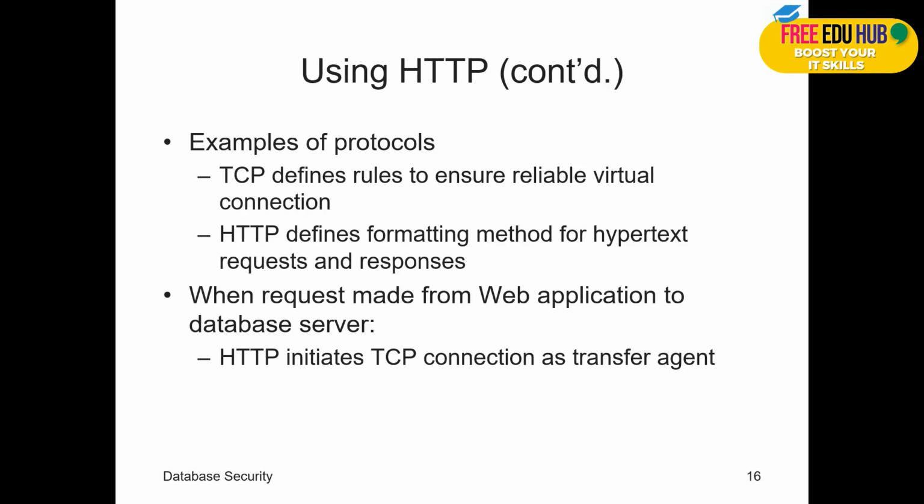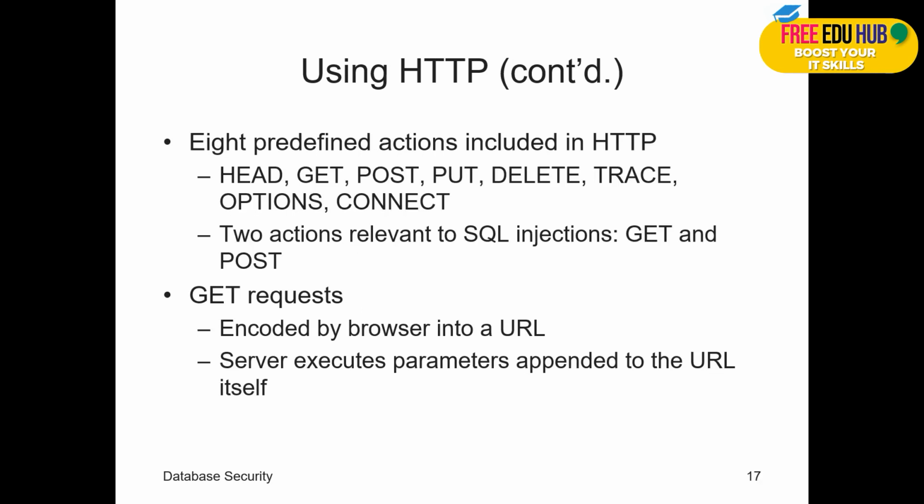TCP defines the rules to ensure a reliable virtual connection, and HTTP defines the formatting method for HTTP requests and responses. When a request is made from a web application to the database server, HTTP initiates a TCP connection as a transfer agent in order to access the IP address of your remote SQL server or database, whatever you are using, in order to get the information by 8 predefined actions, including HTTP head, get, post, put, delete, trace, options, or connect.